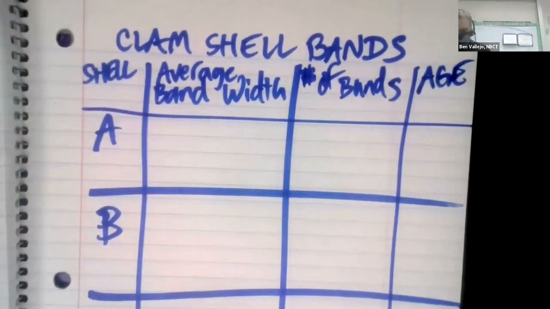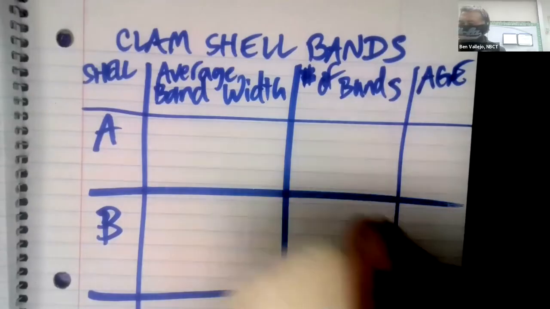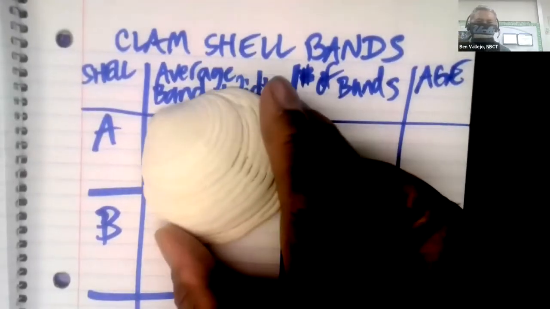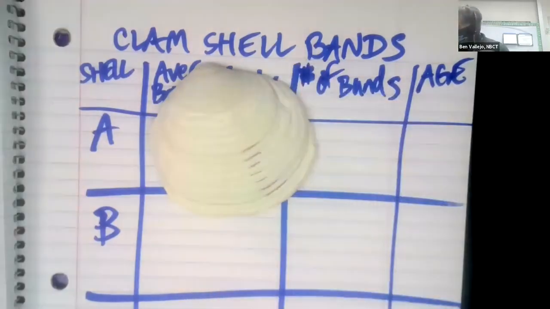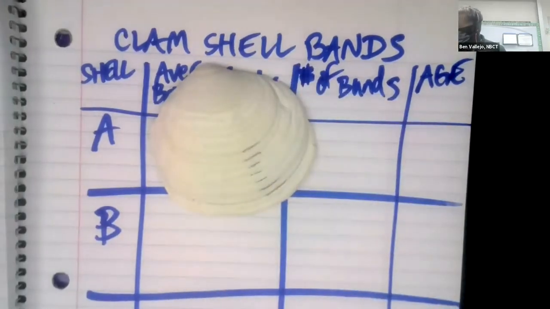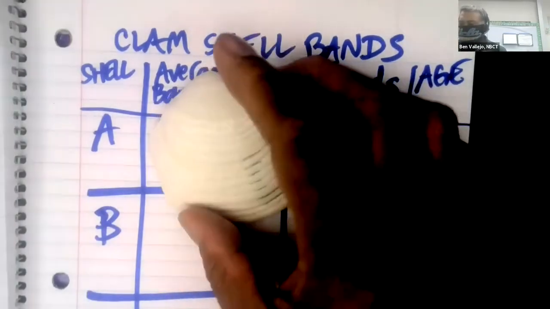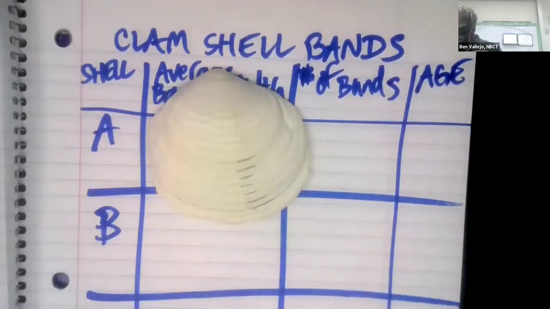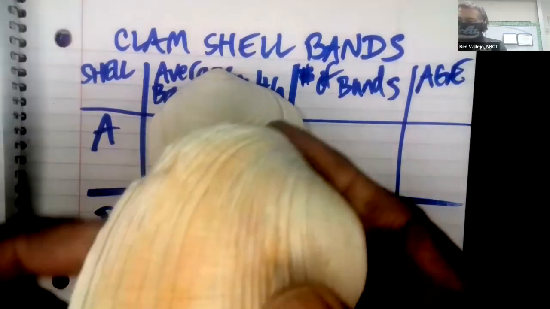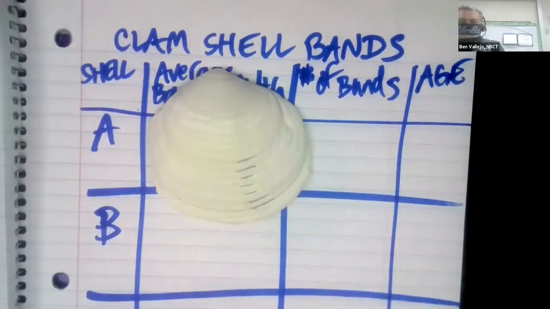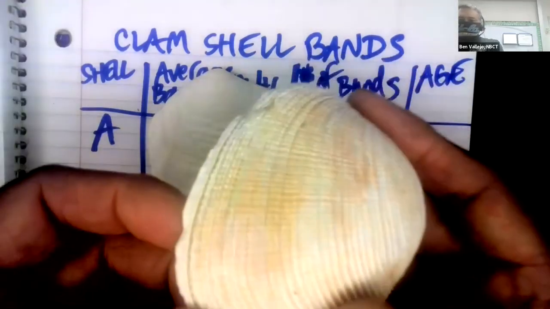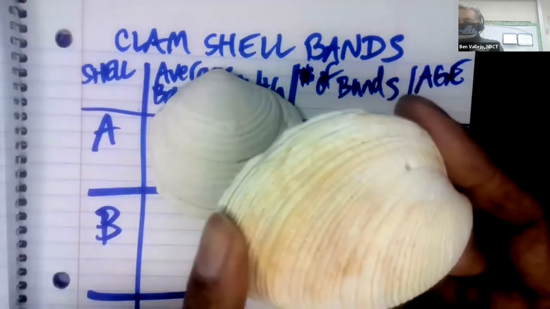Let's take a look at our first one. To make it easier to see, on some of them I have a little pencil line, and that'll help me to figure out how many bands I have. Some of them are harder to see, the actual band. Sometimes you have to turn it on the side to see it, because this one looks like it has hundreds of bands.